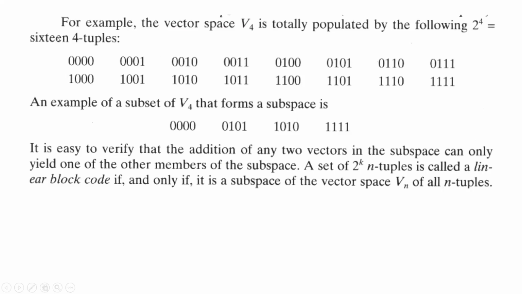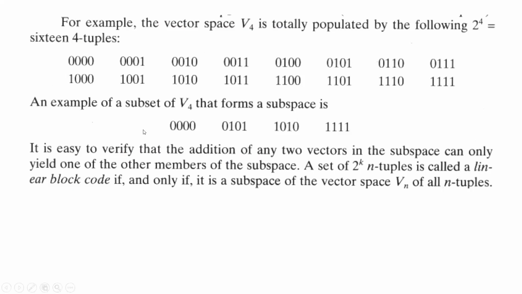So if we consider a 4 tuple vector space, that means 4 bits are there. I will concentrate only on the binary field, and I will not talk about other fields. In general, I have explained what a field is and what a Galois field is and how to define it.